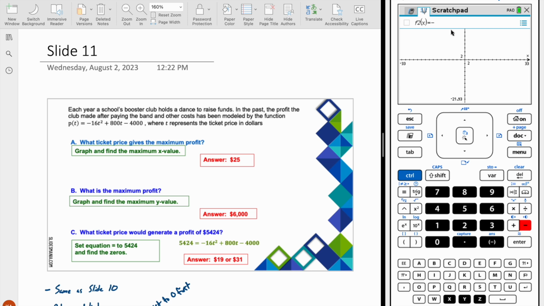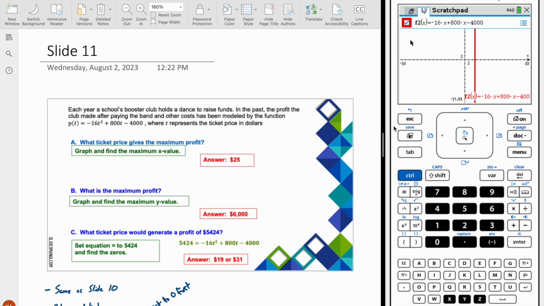So negative 16 times x squared plus 800 times t, or in this case x, minus 4,000. We hit enter. That's what it was.